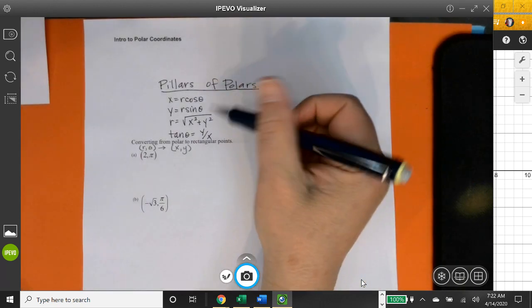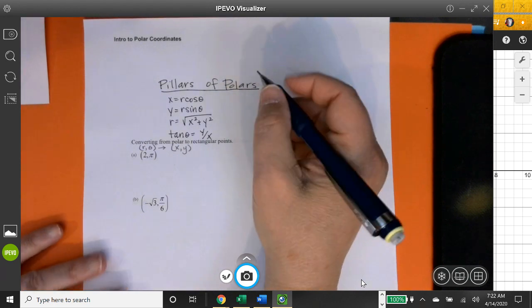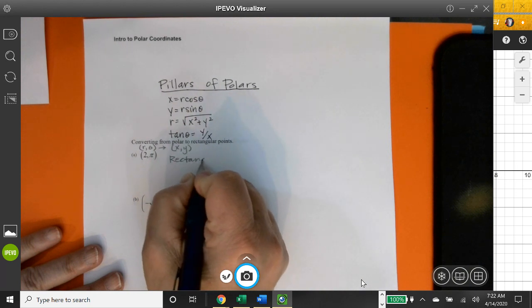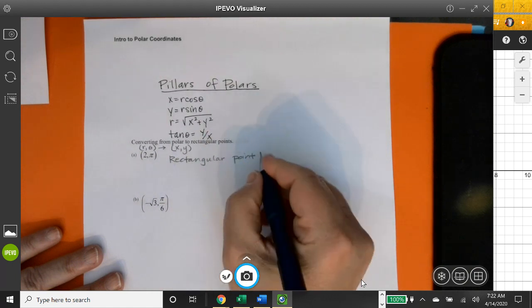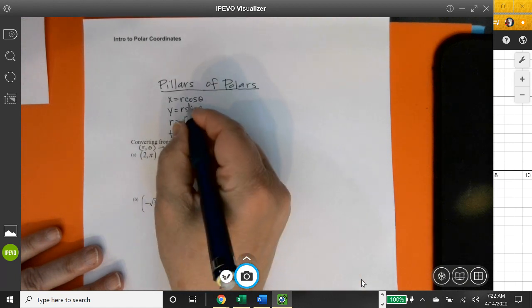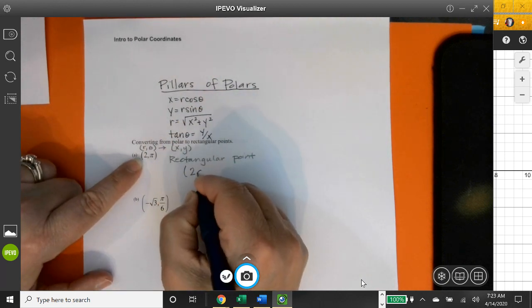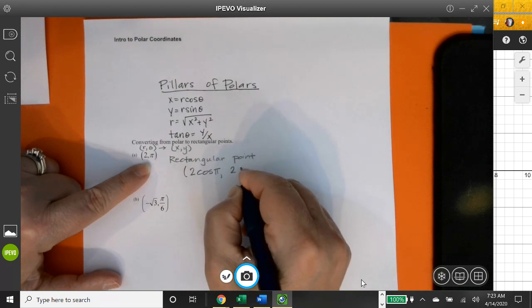And you know that x with our pillars of polars is equal to r cosine theta, and y is r sine theta. So what can we do? We know that this rectangular point is going to be r cosine theta, which is 2 times the cosine of pi, because they give you the angle, and 2 times the sine of pi.